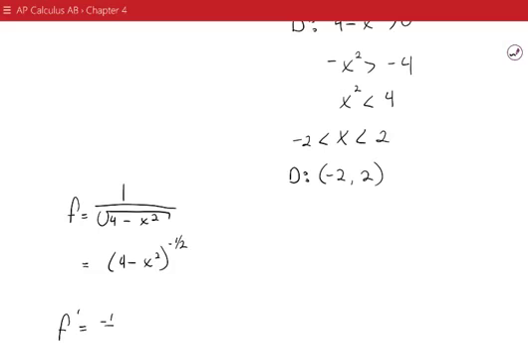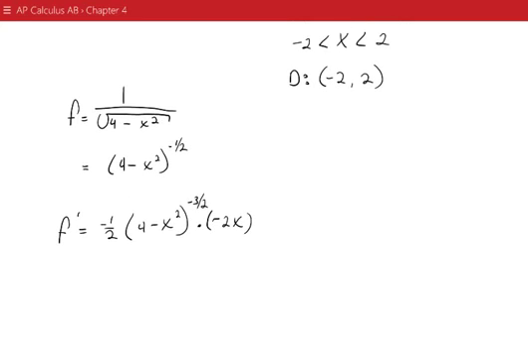So I'm going to get a negative 1/2 coming out in the front, and the power is going to reduce to negative 3/2, and then I need to take the derivative of the inside, and that's going to give me negative 2x. And when I simplify that, I'm going to get x over 4 minus x squared to the 3/2.